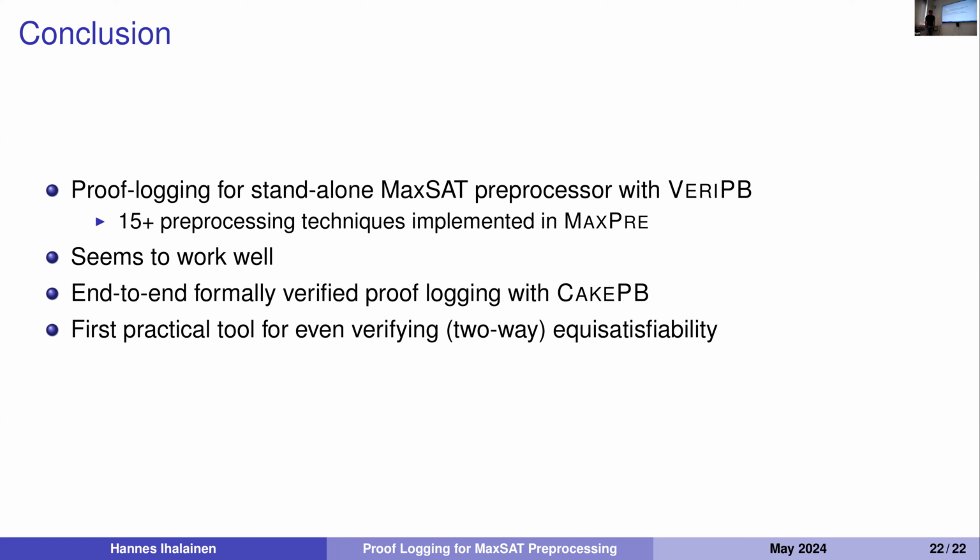And we have end-to-end formally verified proof logging with VeriPB with this. And actually, to our knowledge, this is the first practical tool for even verifying satisfiability in two ways. So that's all. Thank you.